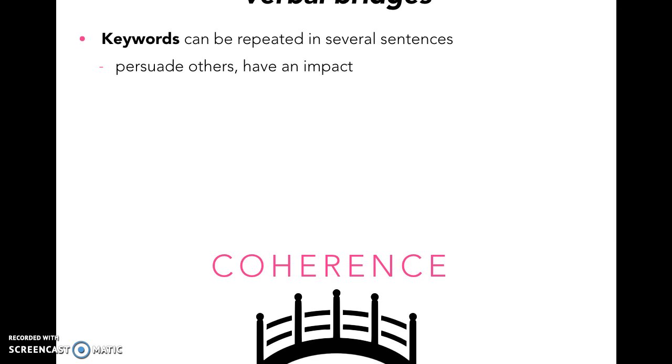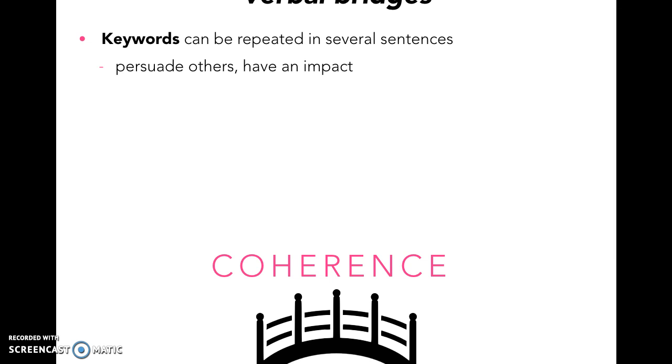One way that we can make our writing flow is by repeating keywords. So, for example, if your paper is about protecting the environment, there might be some keywords that you repeat through the paper.